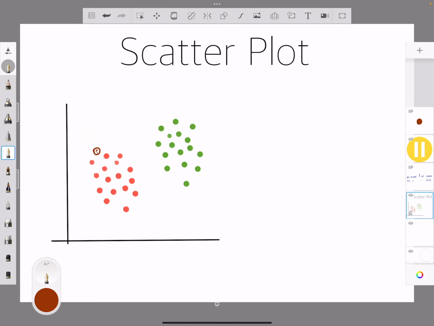Given this past data, could you tell me whether the new data point is more likely to be a red circle or a green circle? I will make it multiple choice. A, more like green. B, more like red.